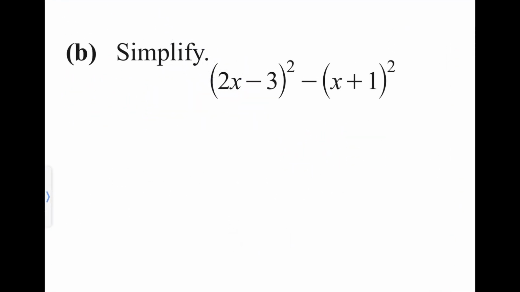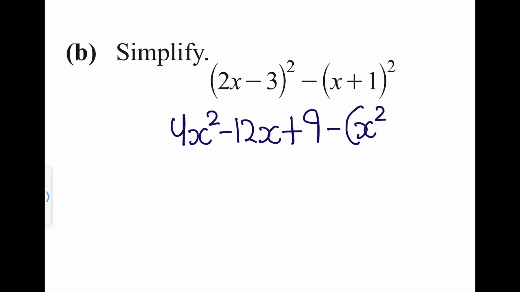Next up, we are moving to this question, which asks us to simplify this. Now 2x squared would basically be 4x squared. Then minus 3 into 2 would be minus 6, into 2 would be negative 12x, plus 9, minus (x squared plus 2x plus 1).